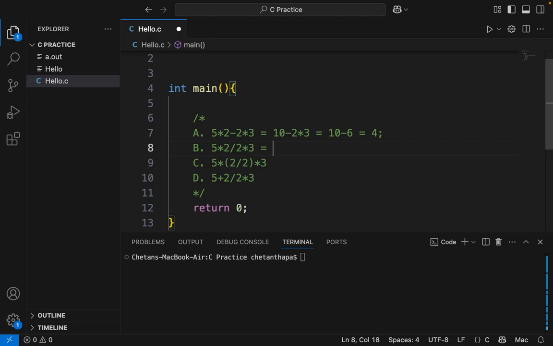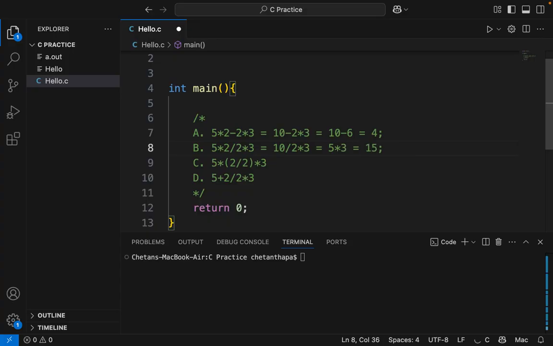All the operators multiply and divide have the highest precedence, so the calculation goes from left to right. 5 into 2, 10. 10 divide 2, 5. 5 into 3, 15.